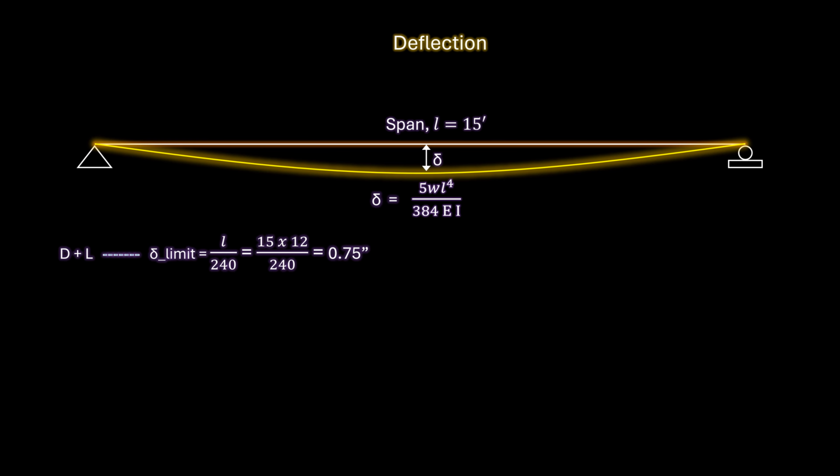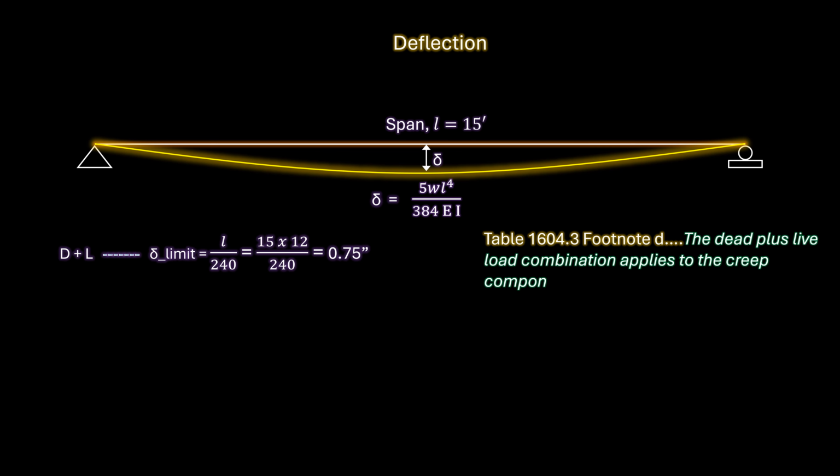Table 1604.3 also includes footnotes with important information about the dead plus live load combination. According to footnote D of the same table, the dead plus live load combination applies to the creep component of long-term dead load deflection plus short-term live load deflection.